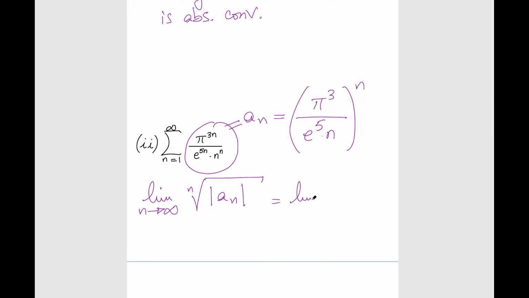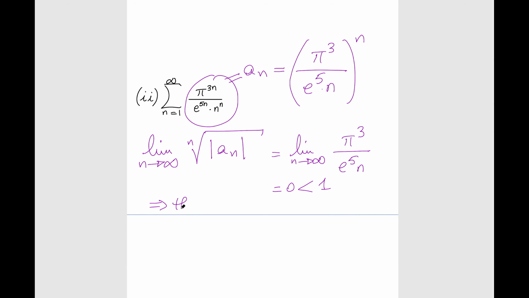We get the limit as n goes to infinity of pi cubed divided by e to the power 5n, which is 0, which is less than 1, and as such, the series is absolutely convergent by the root test. Correct? All right, so this is the end of this section.